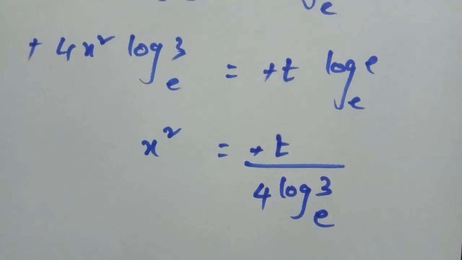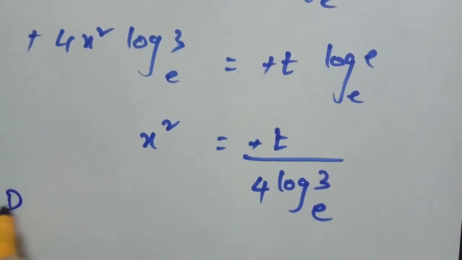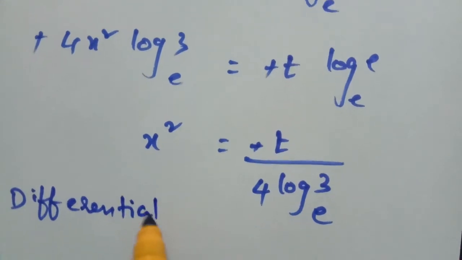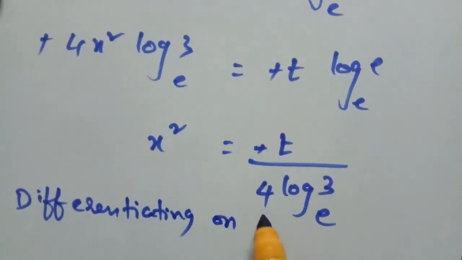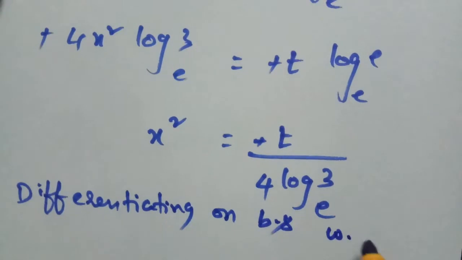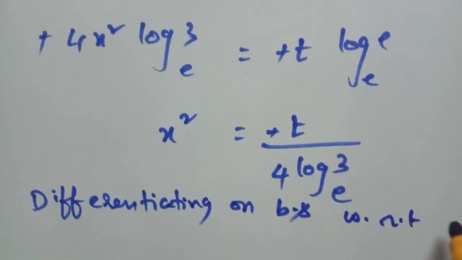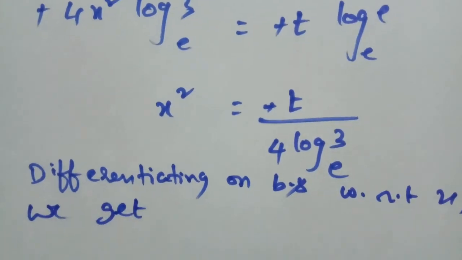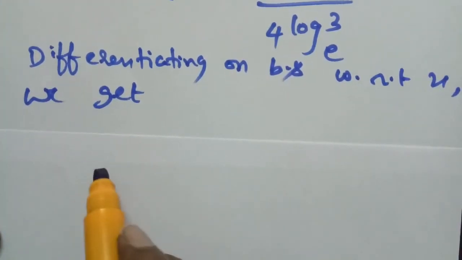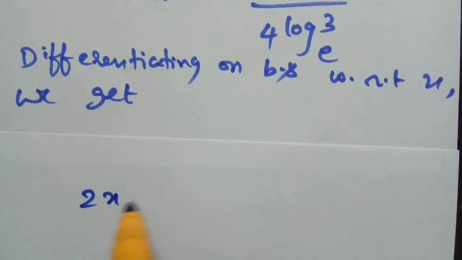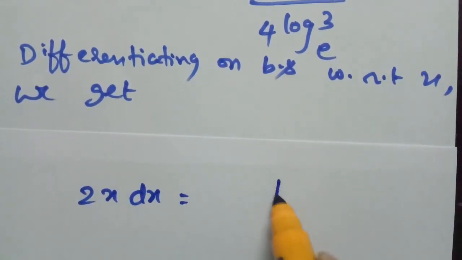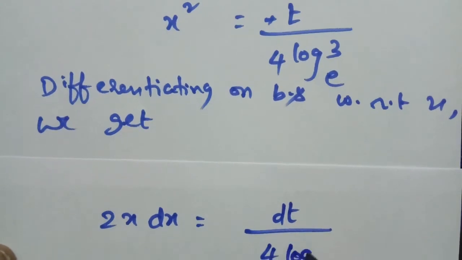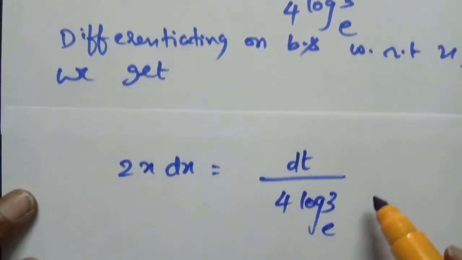Differentiating on both sides with respect to x, we get 2x dx is equal to dt by 4 log 3 base e.